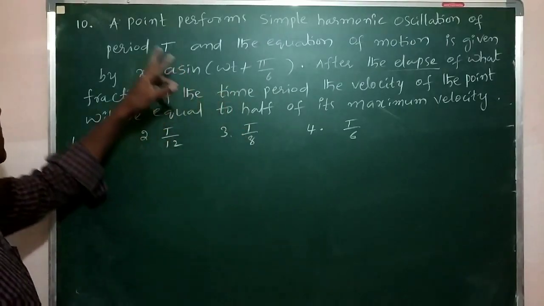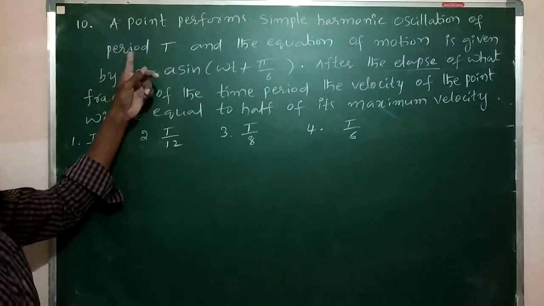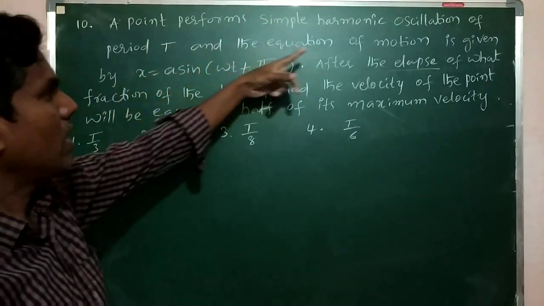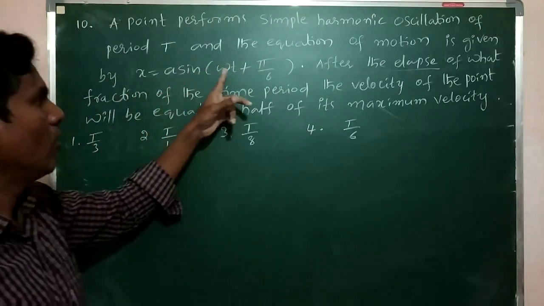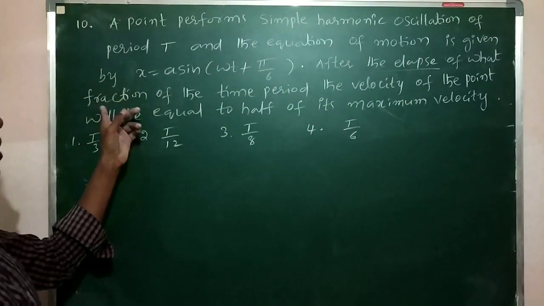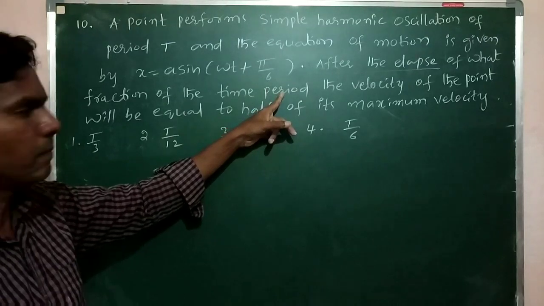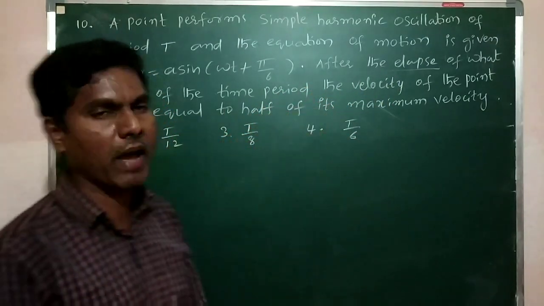The question is: a point performs a simple harmonic oscillation of period capital T and the equation of motion is given by x equal to A sine of omega t plus pi by 6. After the elapse of what fraction of the time period will the velocity of the point be equal to half of its maximum velocity?